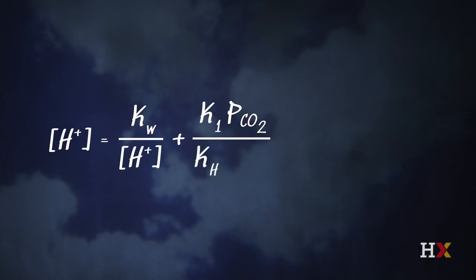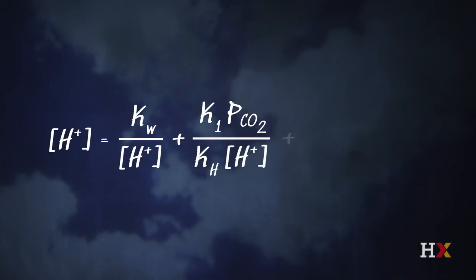Okay, so now we're ready to solve for our H plus concentration. That's equal to the dissociation constant for water divided by H plus, plus the first acid dissociation constant for carbonic acid times the pressure of CO2 in the atmosphere divided by this Henry's law constant K sub H times the hydrogen ion concentration.